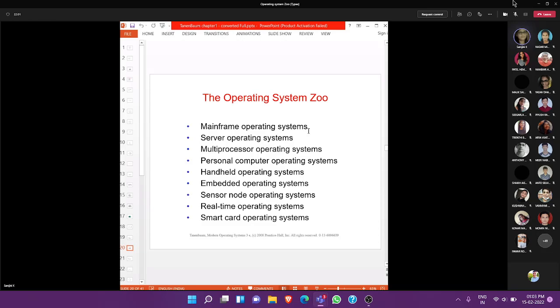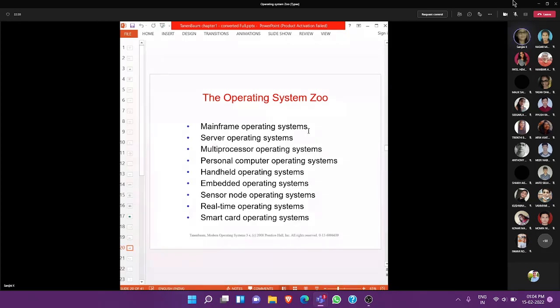Even Unix is used in many places, some version of Unix is used on mainframe computers. So Unix, Linux, OS/360, all these can be used as a mainframe operating system.